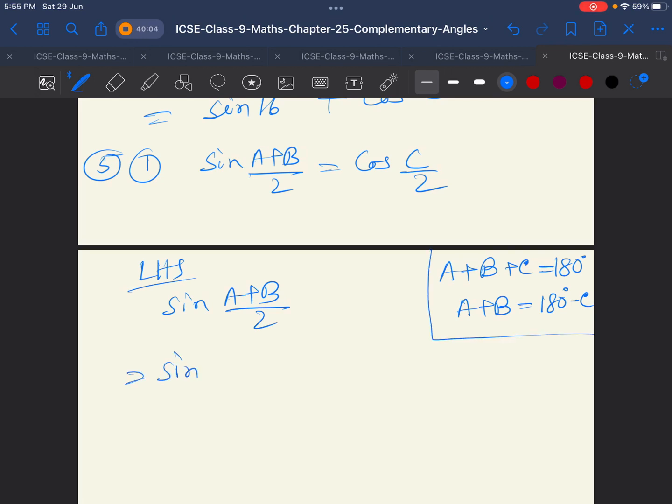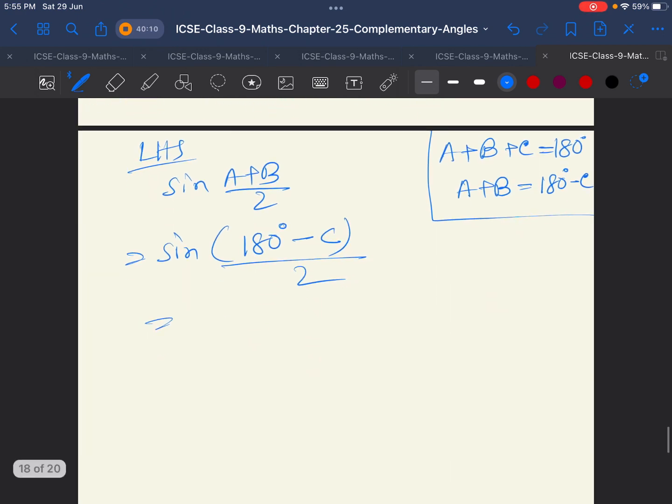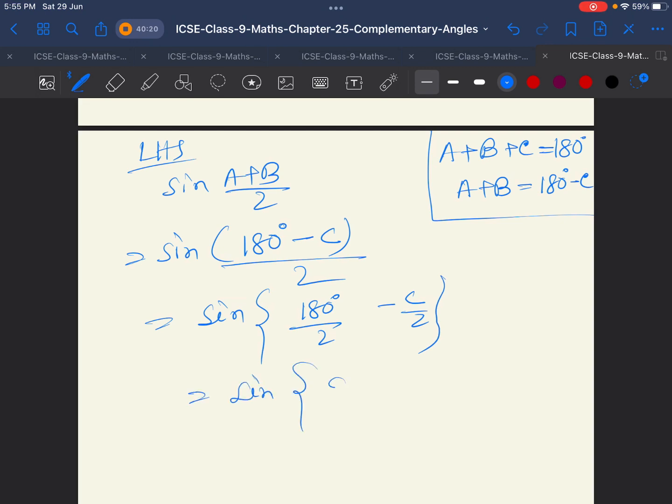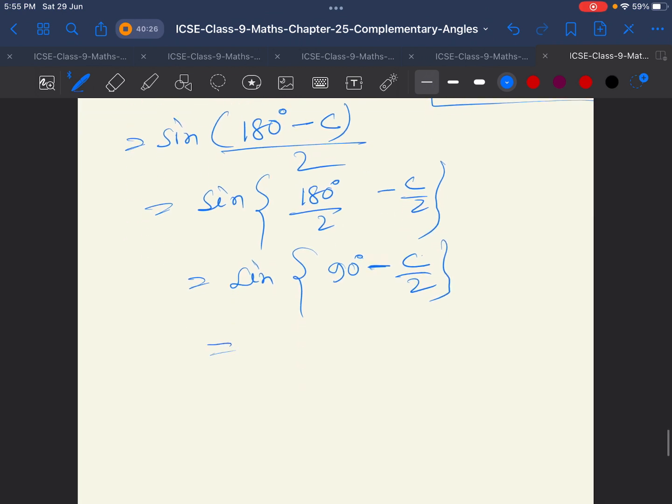Now we put the value of A plus B as 180 minus C by 2. So sine of 180 by 2 minus C by 2. So this is sine of 90 minus C by 2.